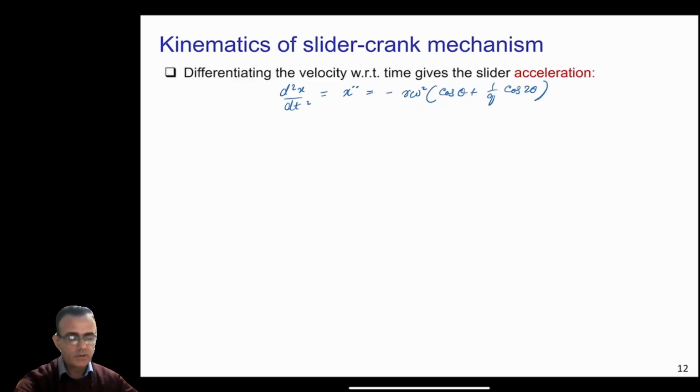So finally, as you can see, we derived three equations.